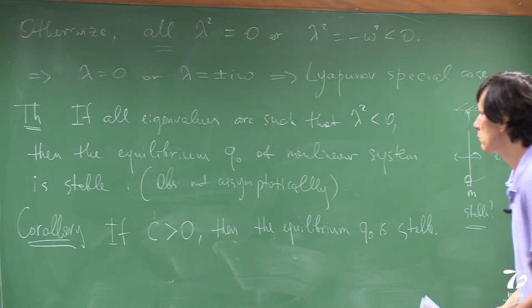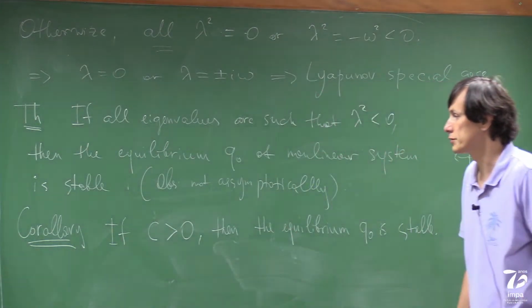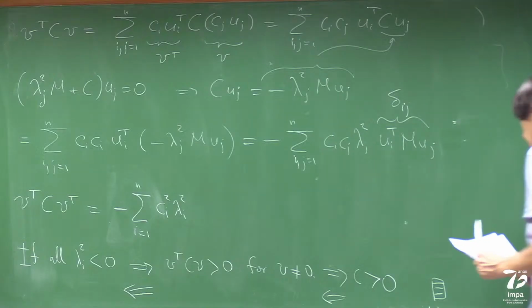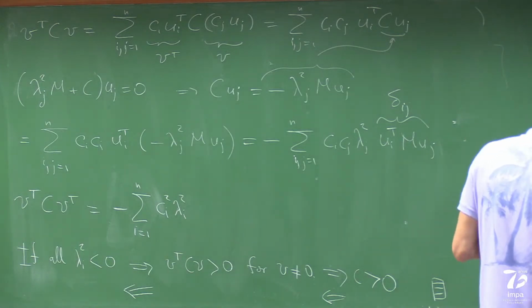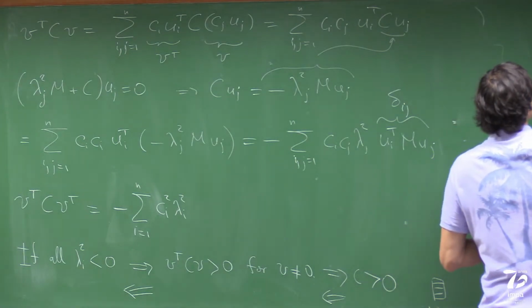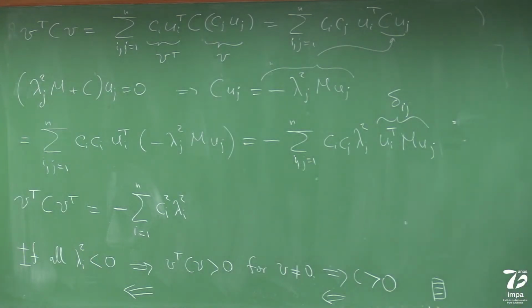So either you check all eigenvalues or you check just positive definiteness of C. And the last thing before going to proving the theorem, which we do tomorrow, we just see what C positive definite means physically.